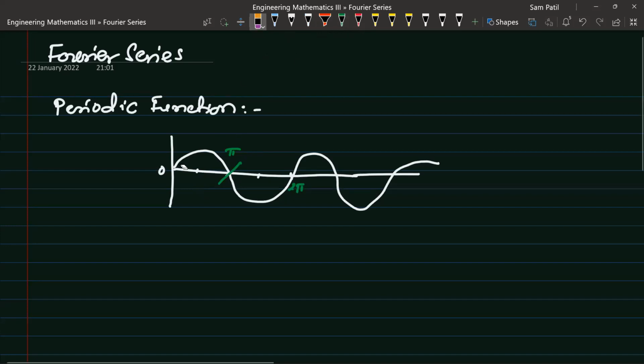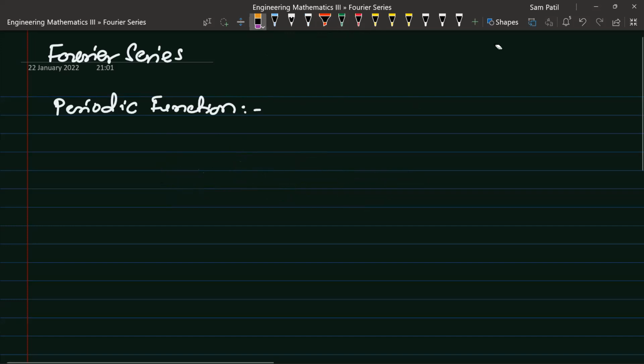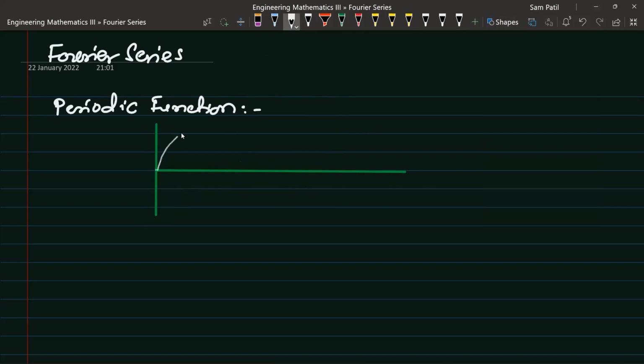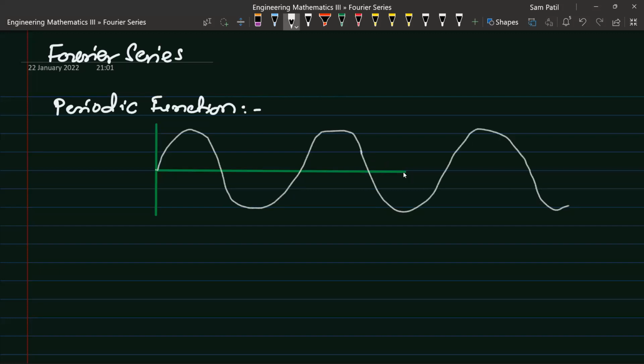Let me draw it clearly. If we extend this line, now this is 0, this is pi, this is 2 pi, this is 3 pi, 4 pi, 5 pi, and so on.